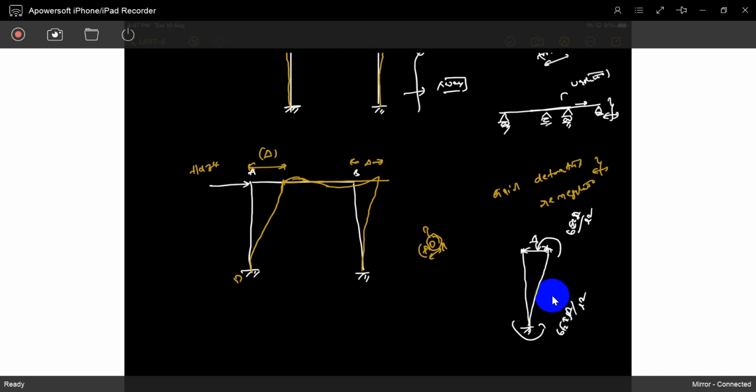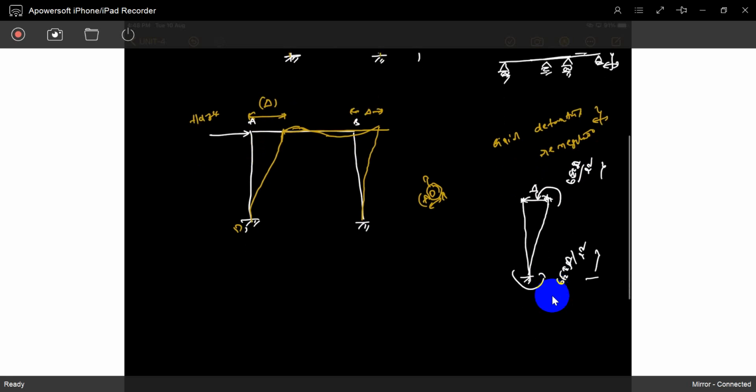The joint is displaced, so extra moments will generate: 6EI delta by L square. If D is a hinge, how much is generated? The amount generated is 3EI delta by L square, and this end is 0 because it is a hinge, as we already discussed previously.